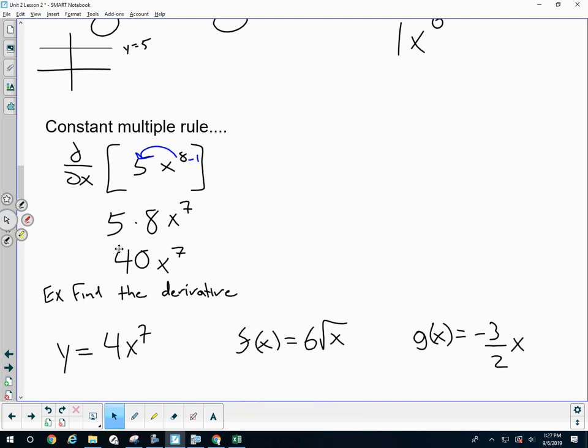So for polynomial functions, that's important, and that's pretty obvious to do. But a lot of times in the future, we will forget this. And I'll remind you that if you take the derivative of a constant times a function, leave the constant alone, multiply by the derivative of the function. Okay? So you can easily find the derivative, and now we have y equals.